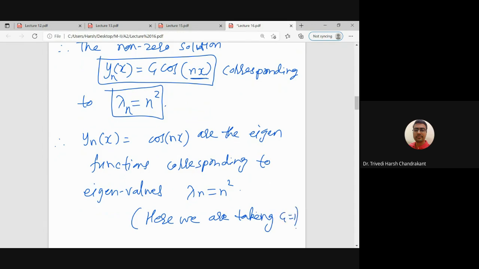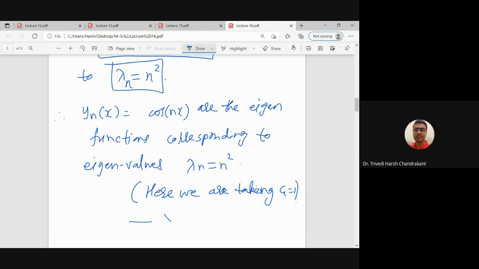We can take c1 to be 2 also, because c1 is any arbitrary number. In that case, the corresponding eigenfunctions will be 2 times cosine nx, right?